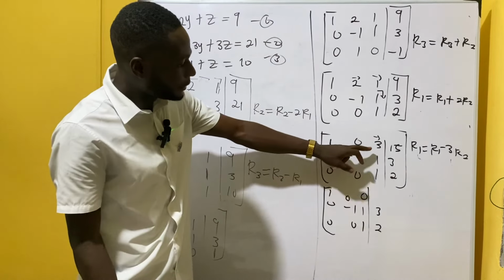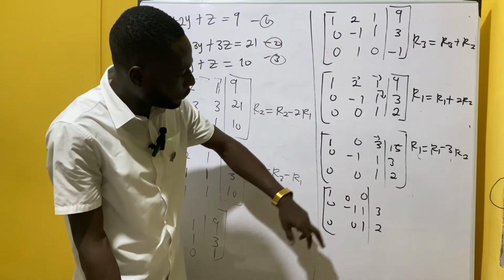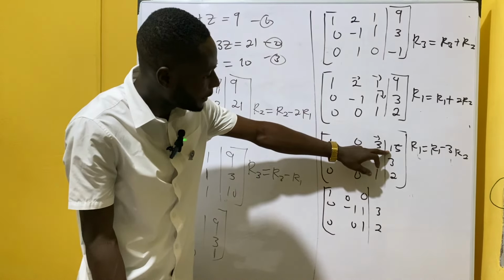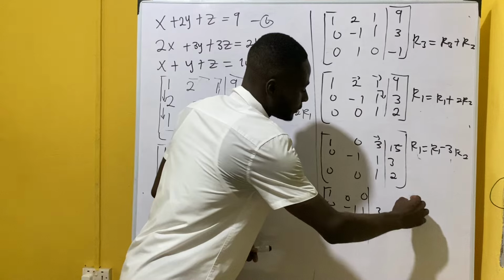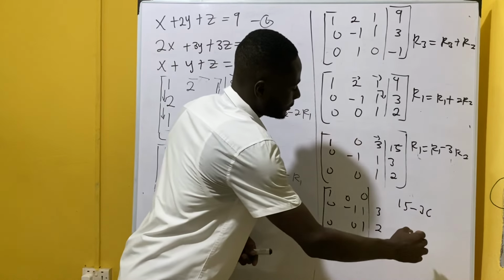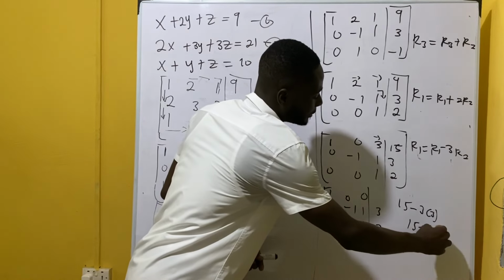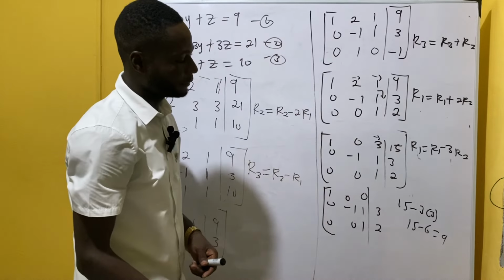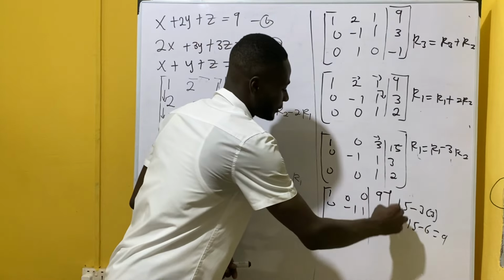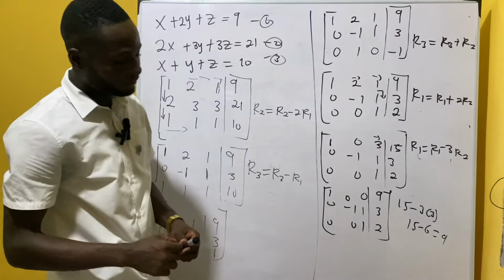And then 3, this one, 15 minus 3 times 3, right? So we have 15 minus 6, and that is 9, right? So we have 9 right here.